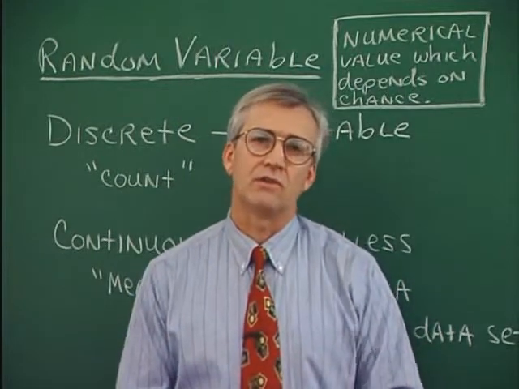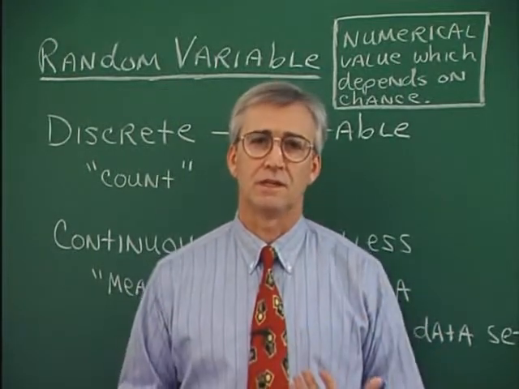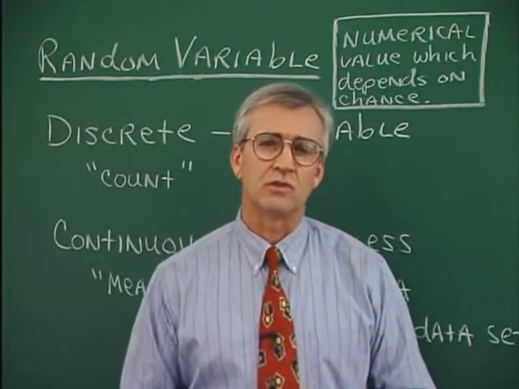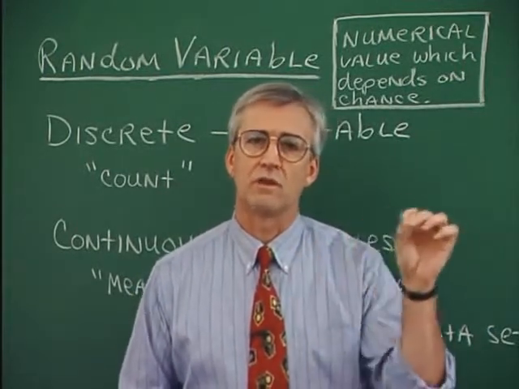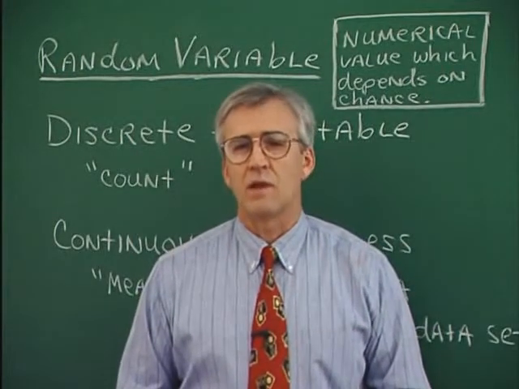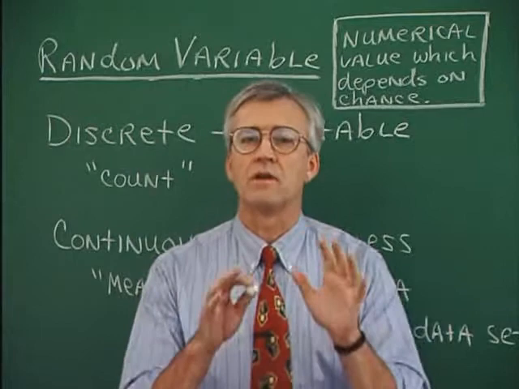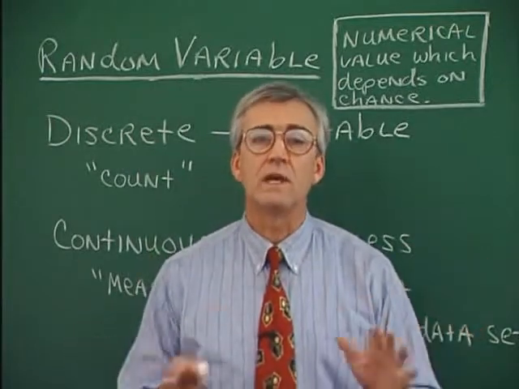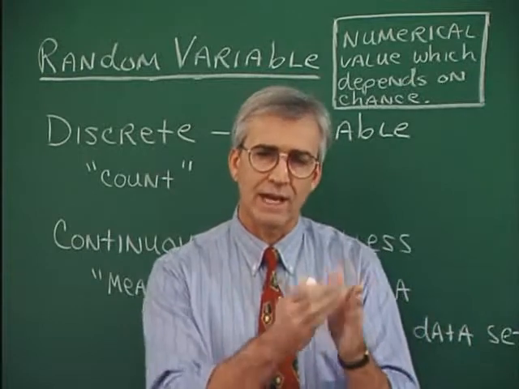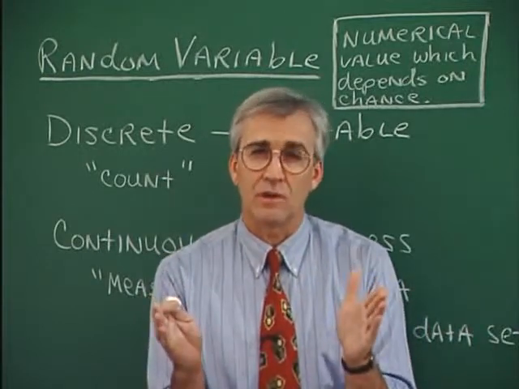So we have a discrete random variable, random because we're choosing the people at random, and discrete because we can actually count the number of hairs on a person's head. Same way with animals. We could count the number of hairs. Even though there would be a lot of them, we can count them. And even if there were an infinite number of them, we can associate a number with a hair.